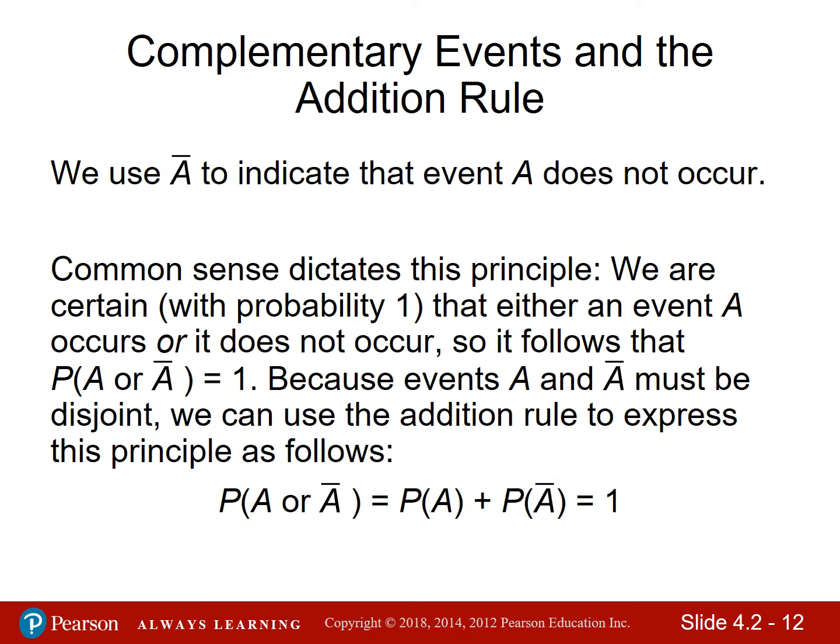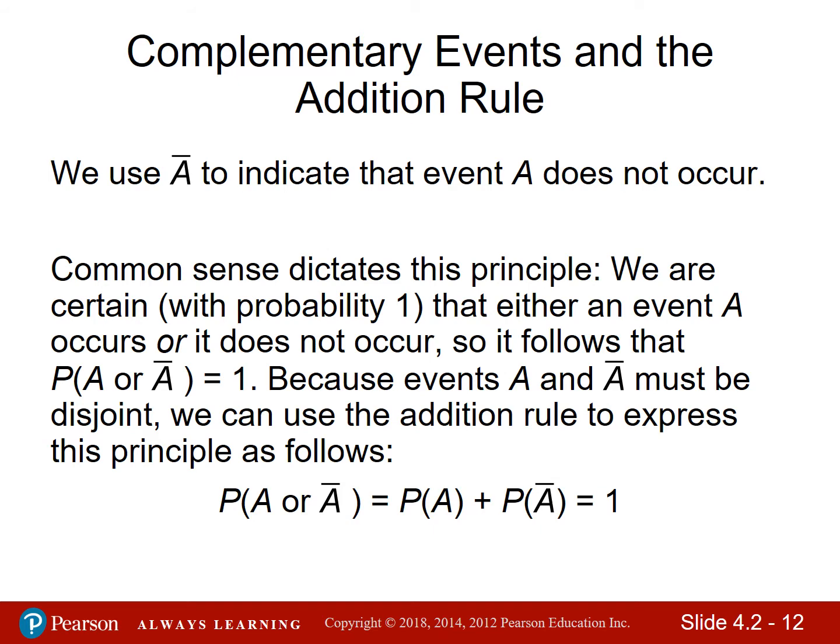It's certain that something will happen, that either event A occurs or it does not occur. So it follows that P of A or A bar is equal to 1. So P of A plus P of A bar is equal to 1, right? So P of A and P of its complement A bar will be equal to 1.